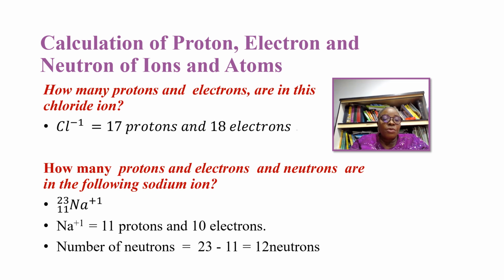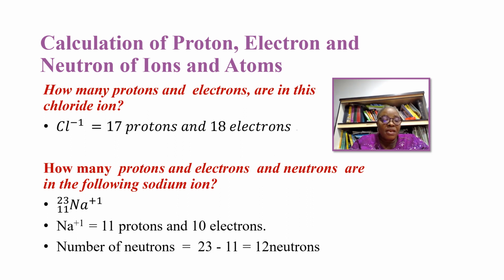The mass number is the number of protons plus the number of neutrons. So we know for this sodium ion here, the mass number is 23. The number of protons is 11, and the number of neutrons we don't know. So mass number equals number of protons plus number of neutrons.